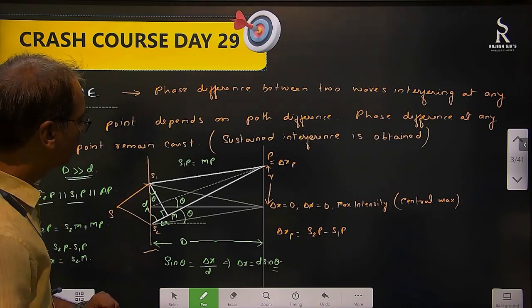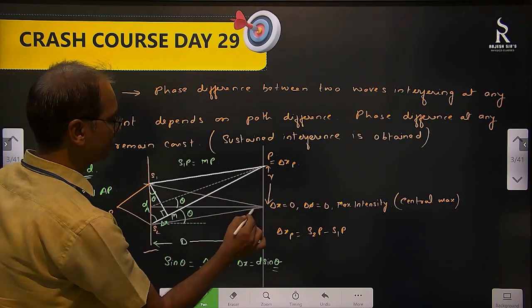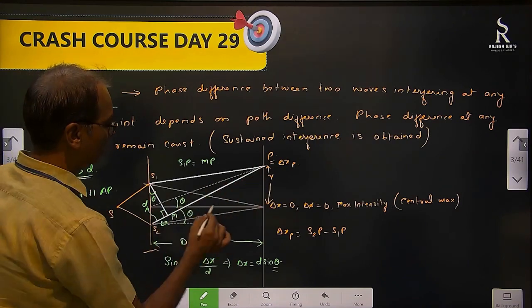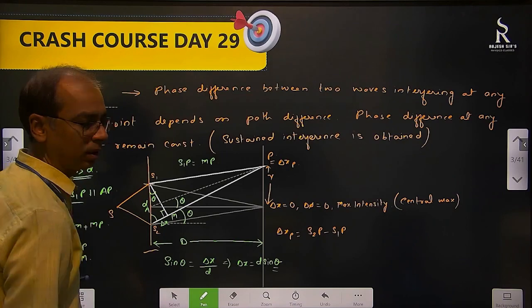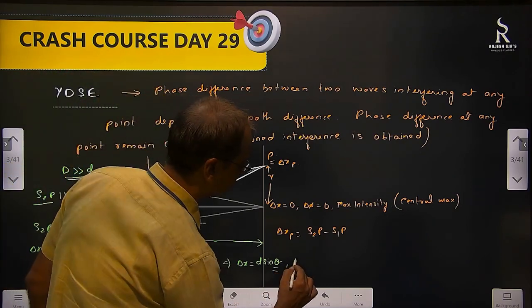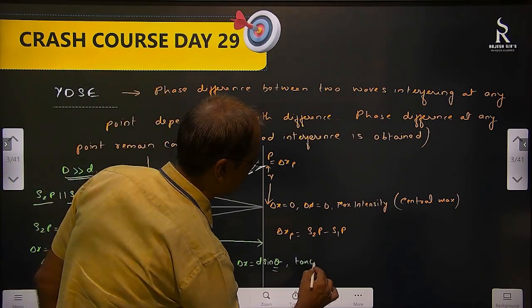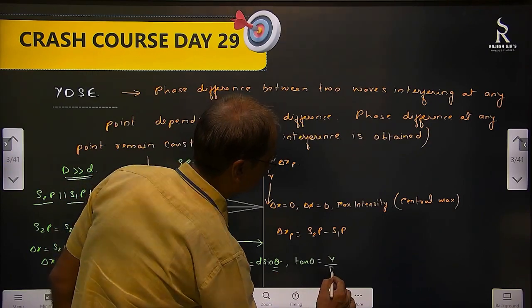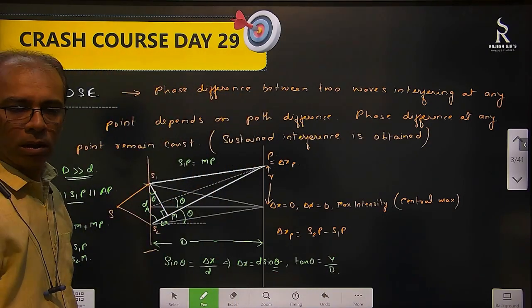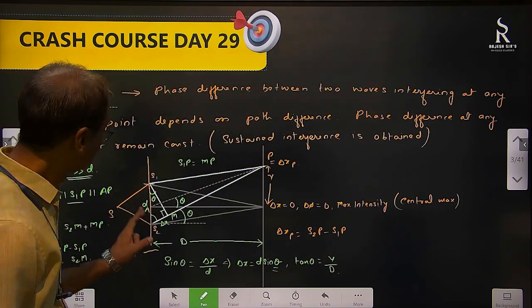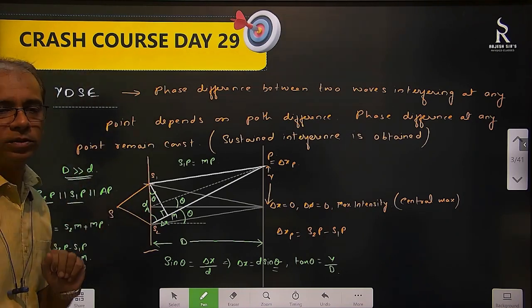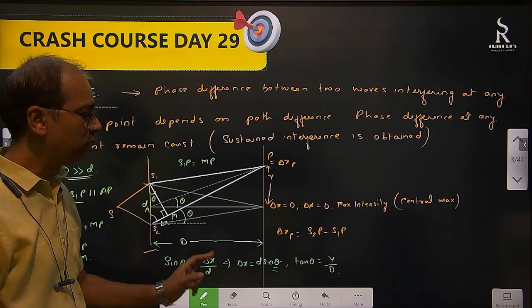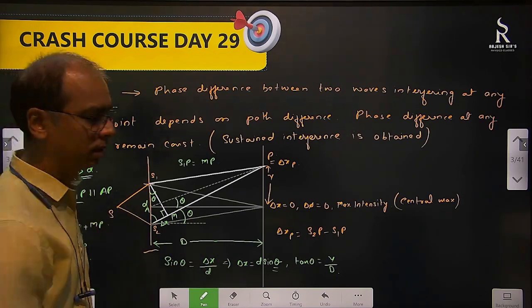And one more thing. Now in this triangle, this is also a right angle triangle. In this, tan theta I can write as y by capital D. Now since capital D is greater than small d, this theta is very small. So if theta is very small, I can write sine theta equal to tan theta.